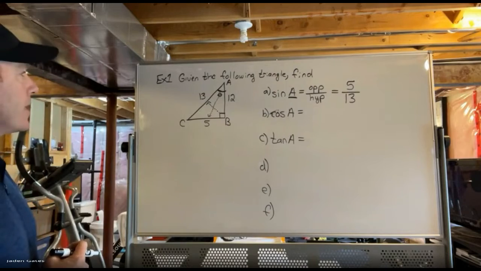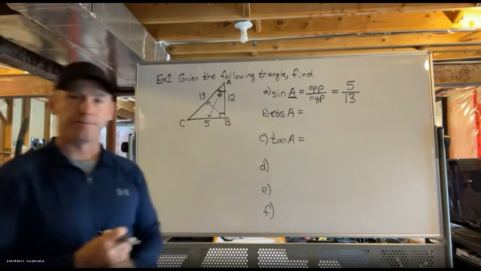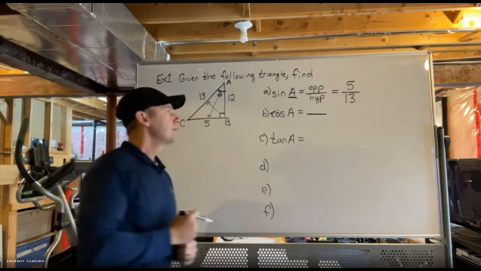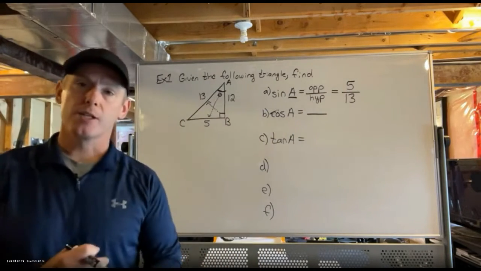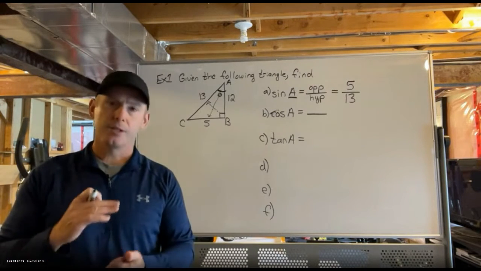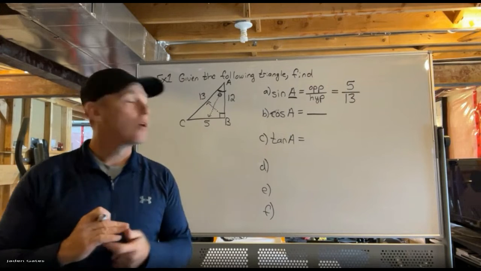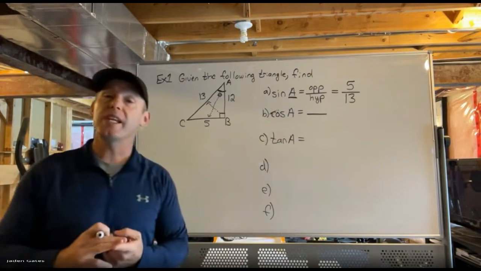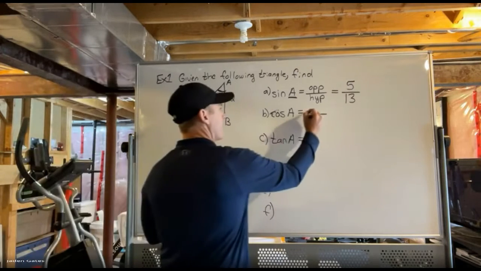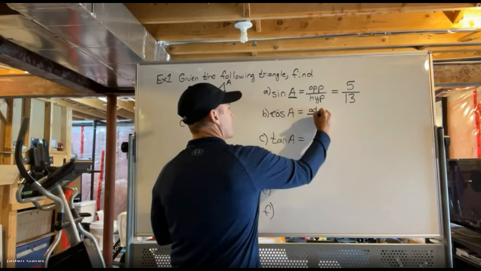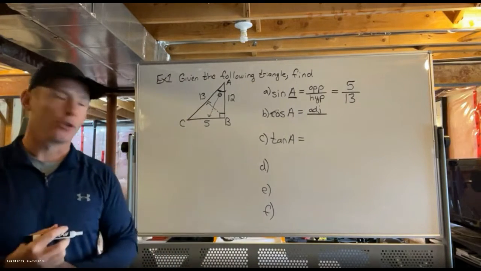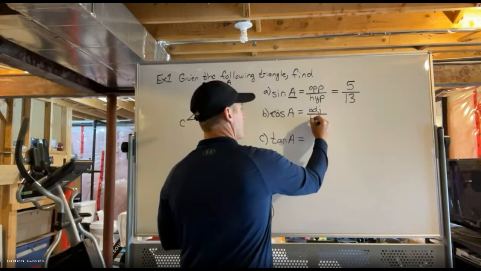All right, now we get to the next one, cos A. Again, I'm going to take two sides and divide them. Which two sides am I going to divide? This is where I use my phrases. I don't use sine on highway, but I am going to use cozy at home. At refers to the adjacent. Home, again, refers to the hypotenuse.